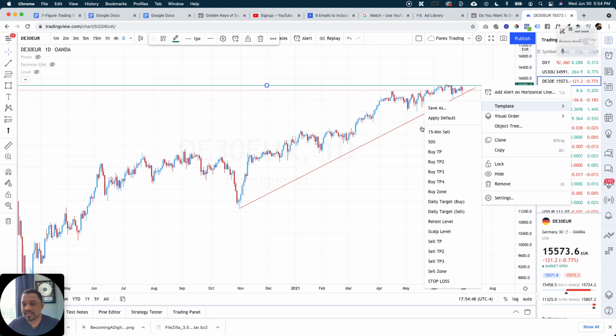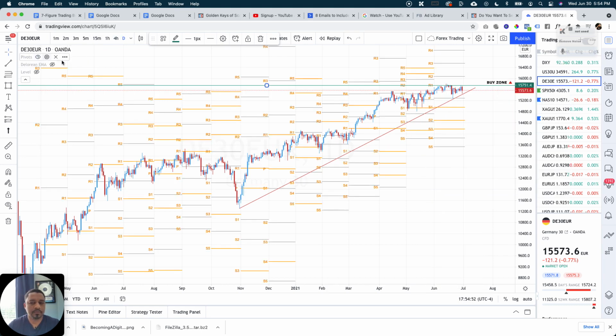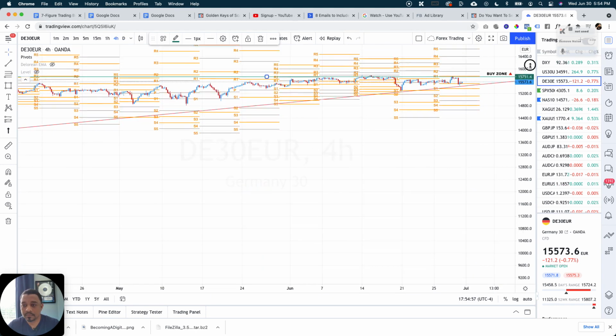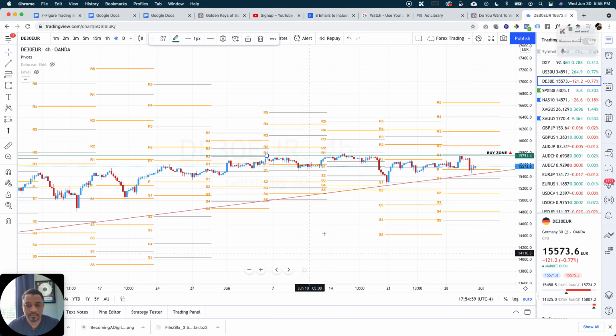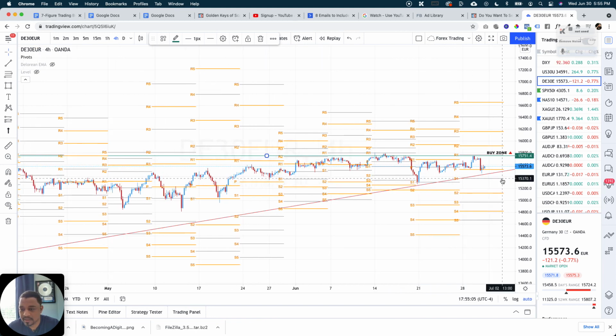So here's the buy zone, here's the breakout. Looks like it's at an all-time high.